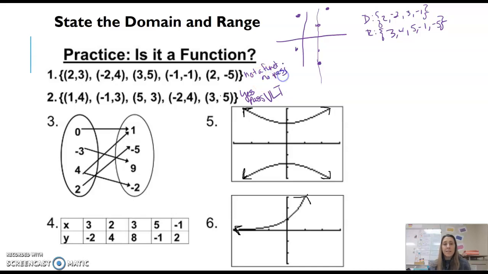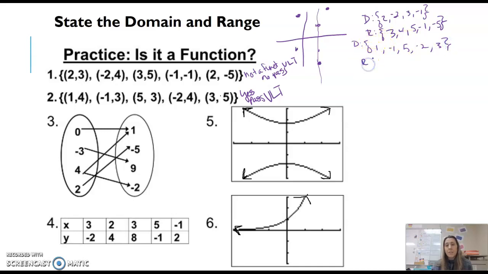We'll put no pass, VLT. We checked it, but we didn't write it. Okay, so then to do the domain, you're going to list just like this one over here. So our domain is going to be 1, -1, 5, -2, and 3.